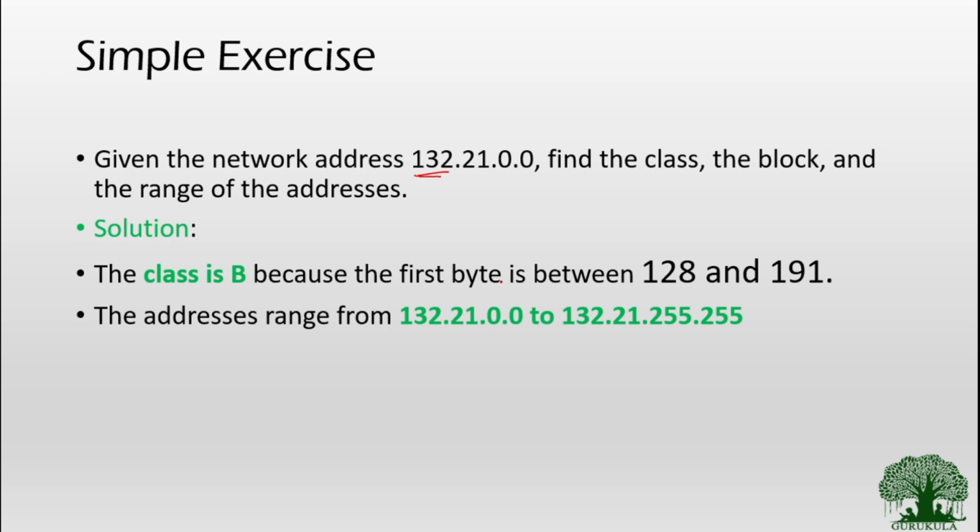Once the class is identified, you very well know that class B has 2 bytes of information representing the net ID, and then 2 bytes of information representing the host ID. So the host ID can run from all zeros to all ones, and 132.21 will be kept constant. So that is what we call the total address range of class B.